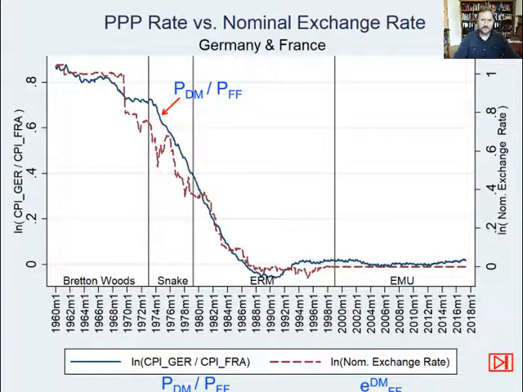The diagram reveals that until the beginning of the 90s, the French consumer price index, which is in the denominator of this fraction here, was growing faster than the German, such that the purchasing power parity rate between both currencies displays a strong downward trend, the blue line here.